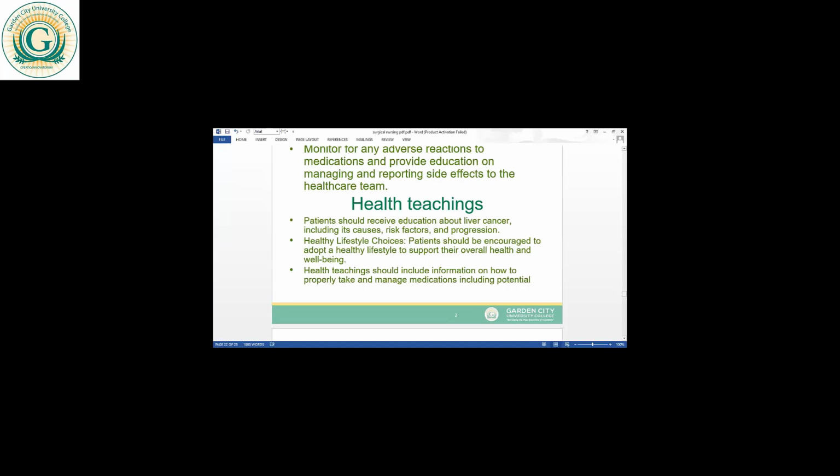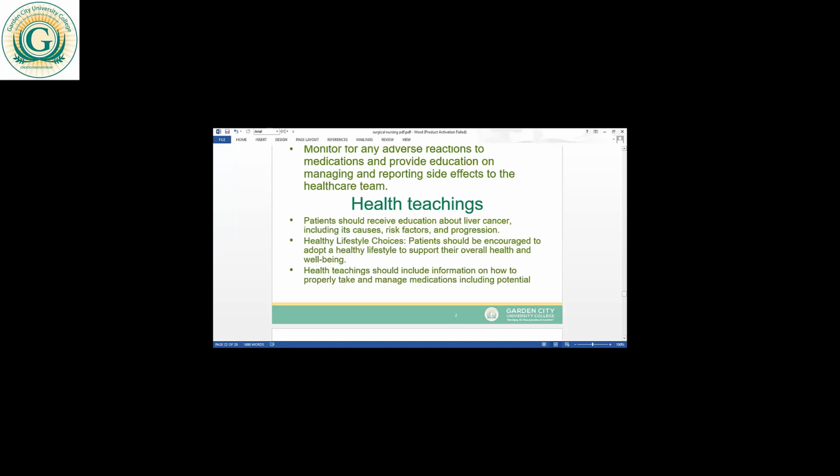Healthy lifestyle choices: in the health teachings here, you ponder on healthy lifestyle choices by encouraging patients to adopt a healthy lifestyle to support their overall health and well-being by doing exercises, eating healthy diets, doing away with alcohol and smoking and fatty foods, eating more fibrous foods, among others.